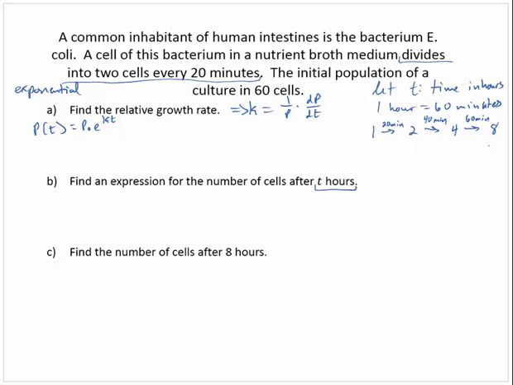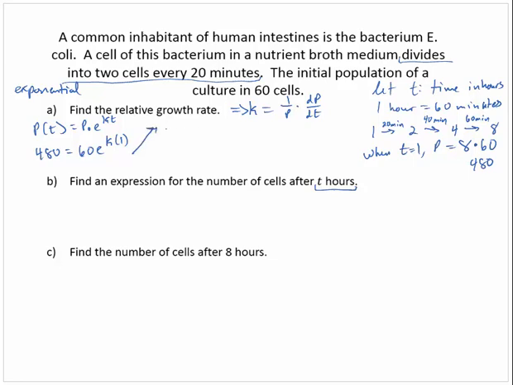So what that tells me is when t is 1, the population is 8 times the original number of cells, which would be 60. P of t is P naught e to the kt. Now letting t equal 1, I would have 480 is equal to 60 e to the k times 1.